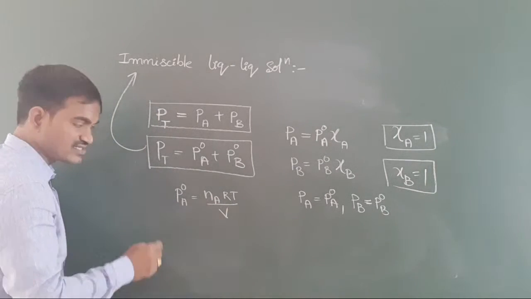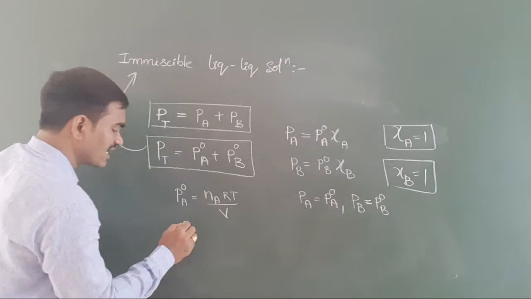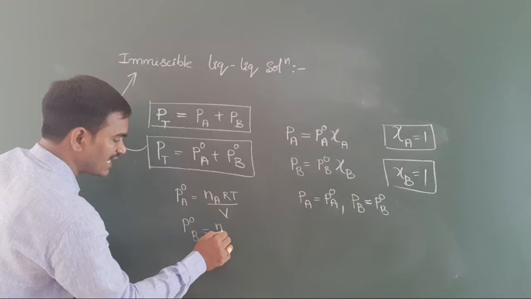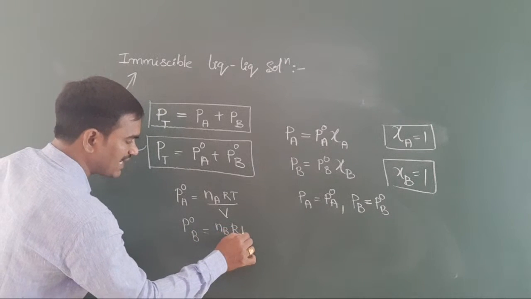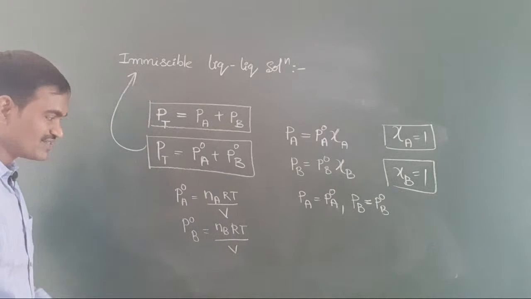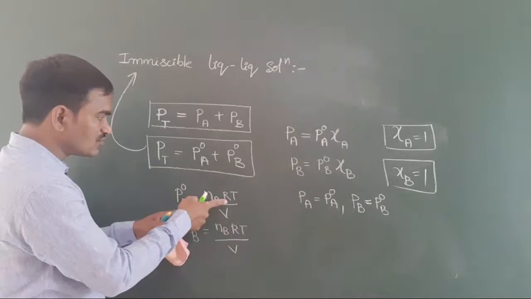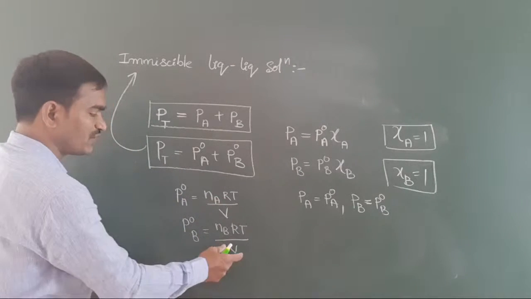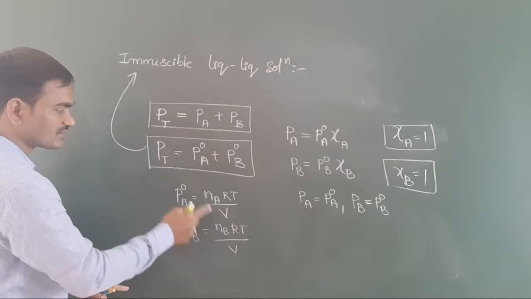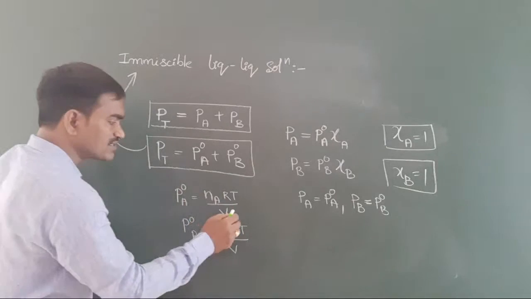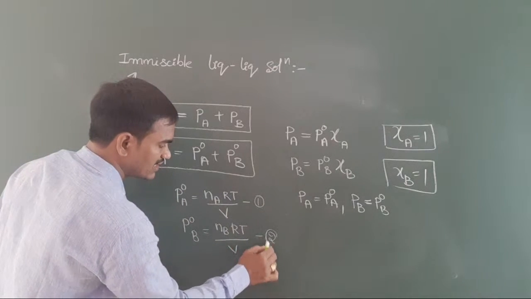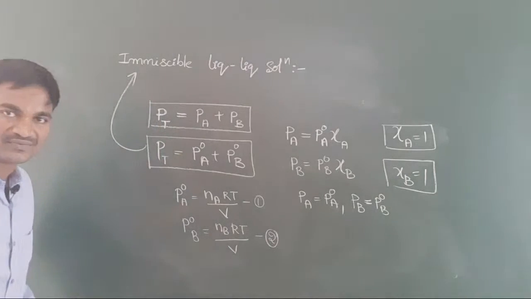So now here you see, can we take like this, P naught B, same story, NB RT by V. Have you got it? So here these two terms, if you substitute the number of moles and all, you can get it. Okay, so you take this as equation 1 and this as equation 2. Is it clear?